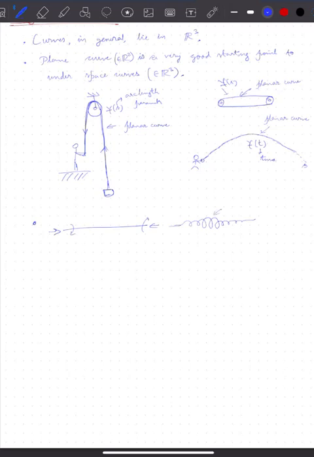Now you see this is no longer 2D. It's a 3D phenomenon now. So the deformation is 3D in nature. So this makes it so crucial to study space curves.